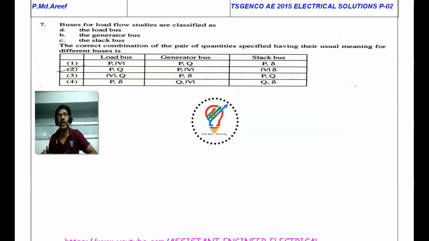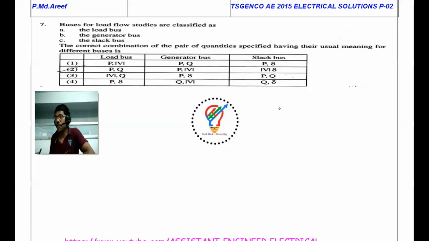The next question is: buses for the load flow studies are classified as A, the load bus, B, generator bus, C, slack bus. The correct combination of the pair of quantities specified, having their usual meaning for different buses.